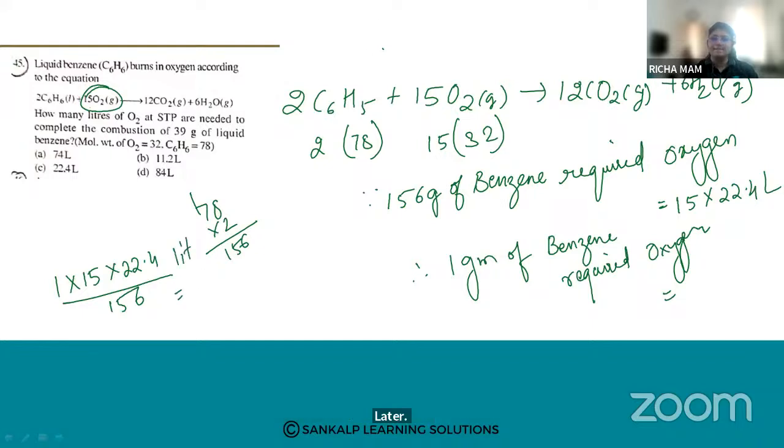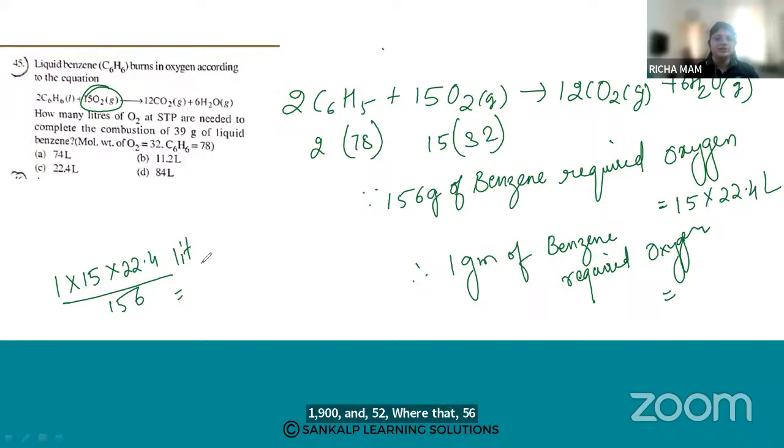How much are you getting? Just see. One into 15 into 22.4 divided by 156.